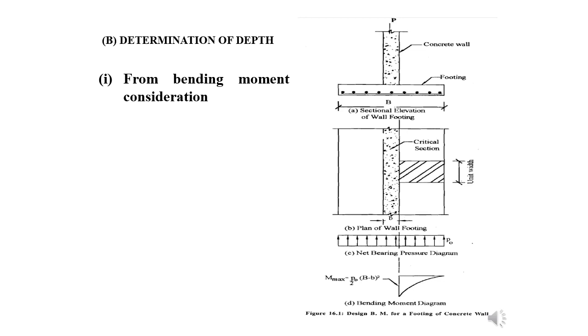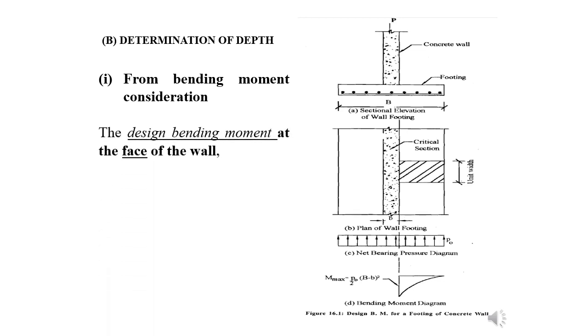We shall go for bending moment consideration, the bending moment generated due to the superstructure on the footing. Using the bending moment consideration we can finalize the thickness of the footing, and the shear force consideration. Two things are there. We shall discuss one by one.